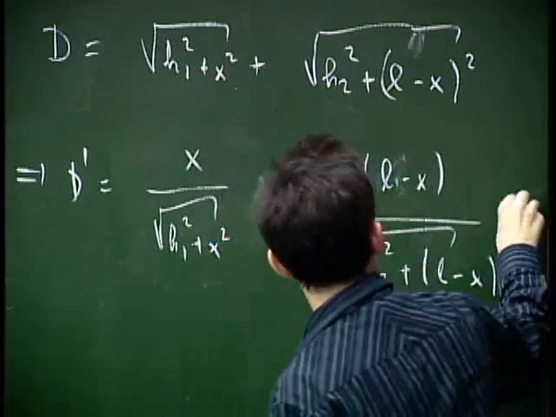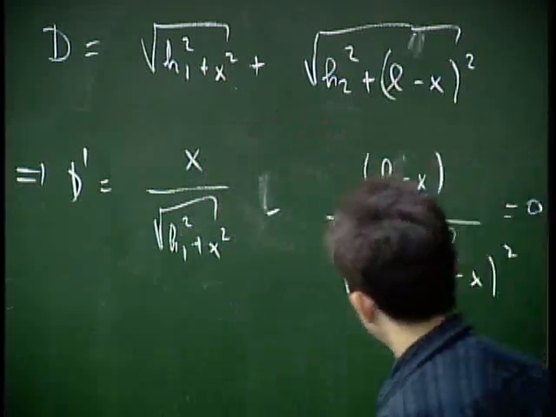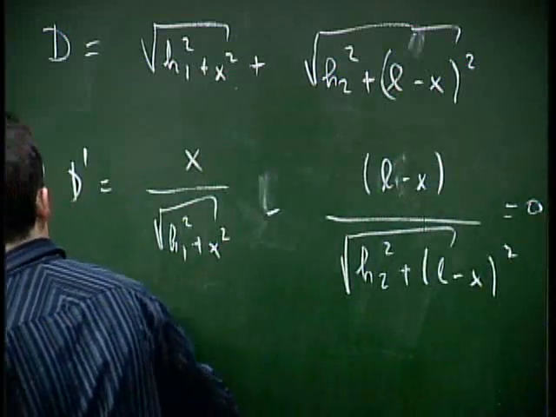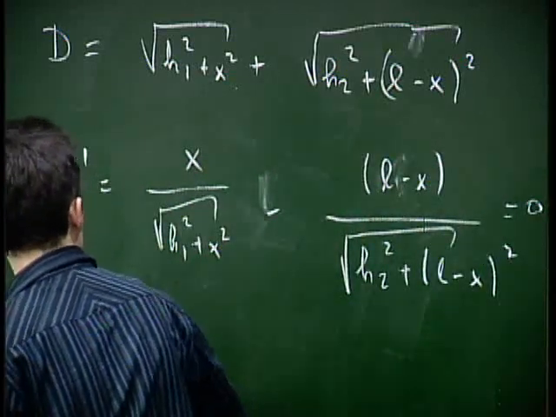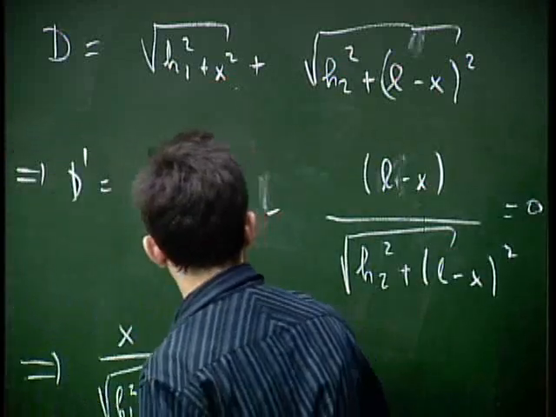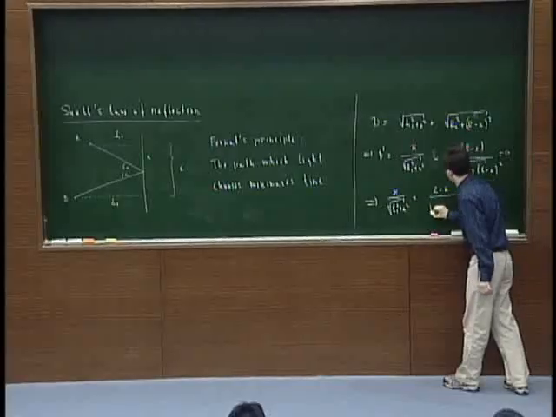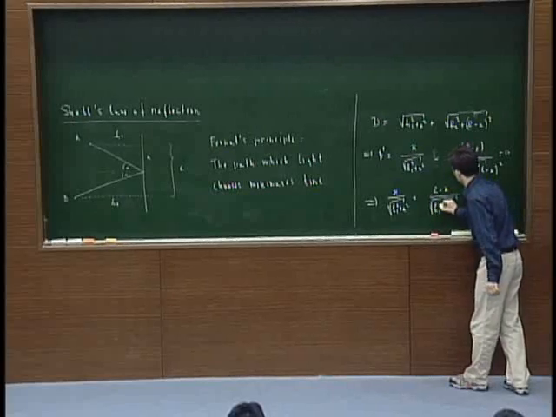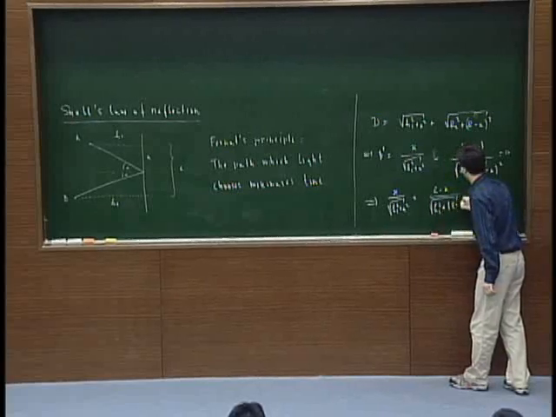And you have to equate it to 0. So this gives x over the square root of h1 square plus x square is equal to L minus x over the square root of h2 square plus L minus x square.